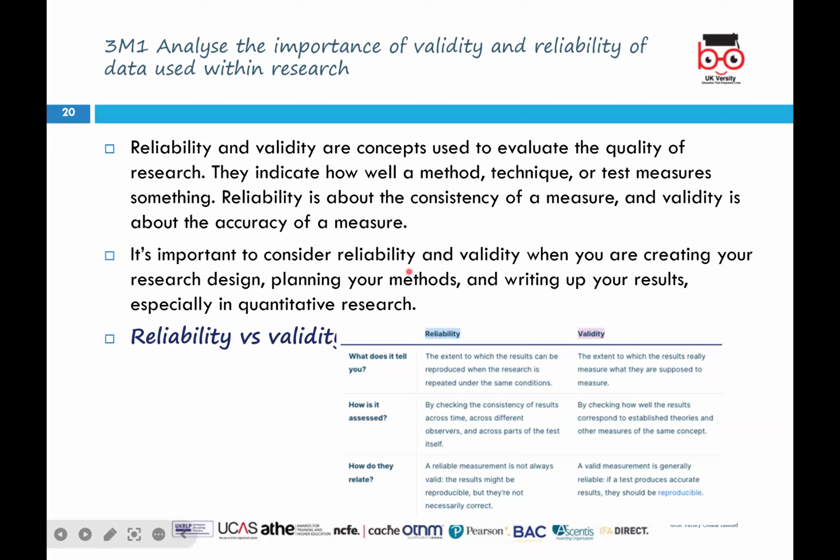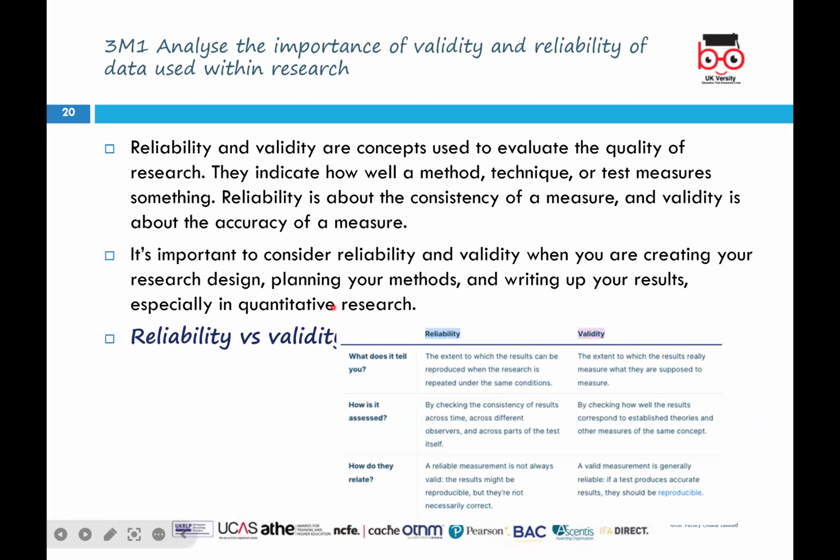So a valid measure, a valid scale is very important. So obviously they're used in research very extensively. If your research is not valid or your research is not reliable, it's not of use. So your questionnaire should be reliable and your questionnaire should be valid when you're collecting your data, especially when it comes to quantitative data.